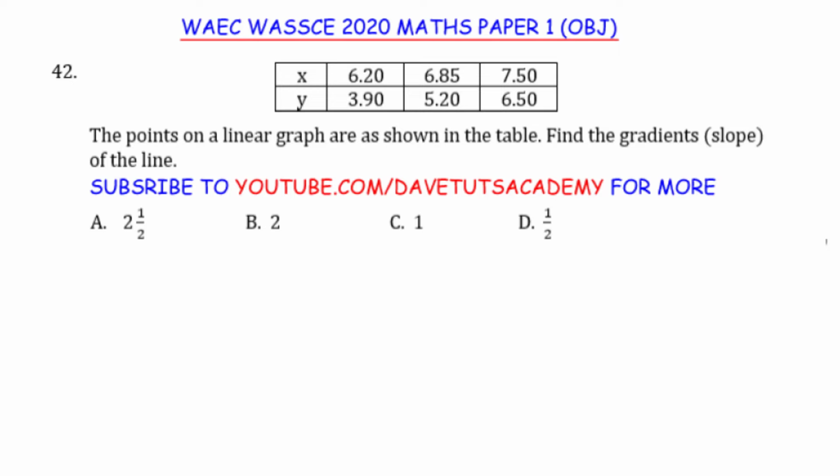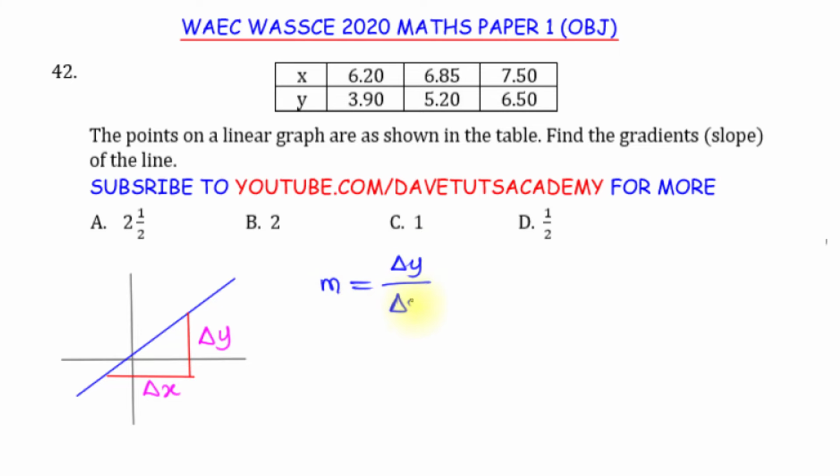As a general rule of thumb, if you have Cartesian coordinates and a straight line, then the gradient or the slope is depicted as the change in the y-axis over the change in the x-axis. So generally the gradient is given as change in y over change in x.